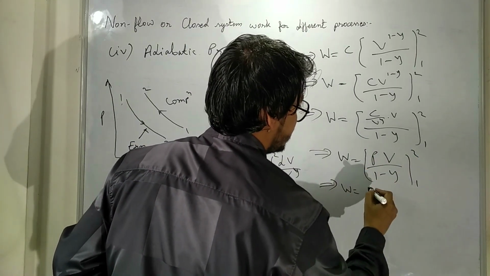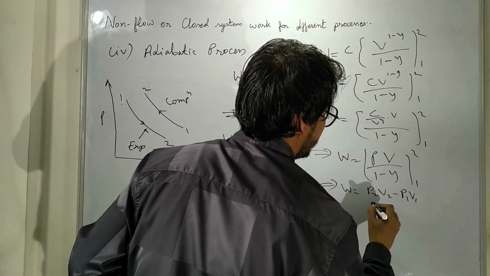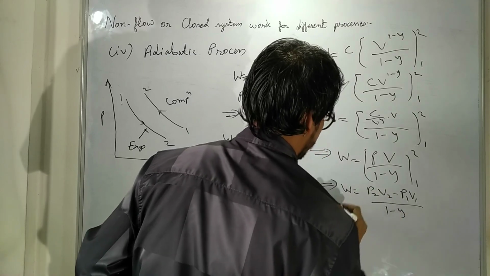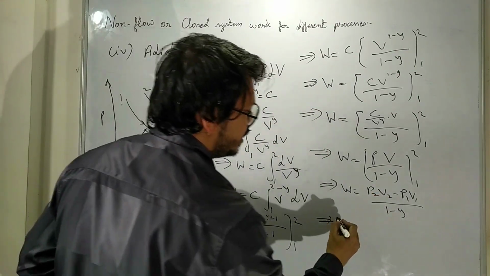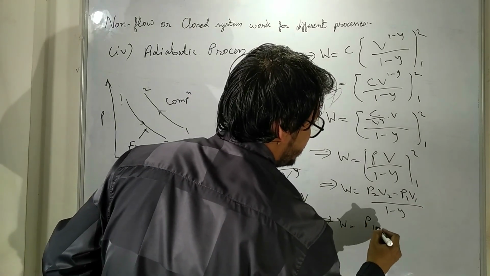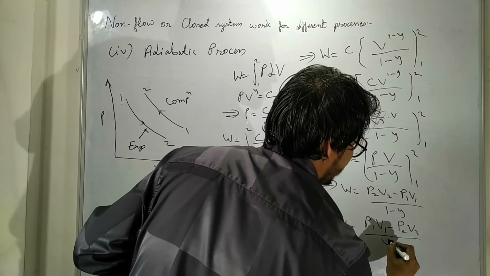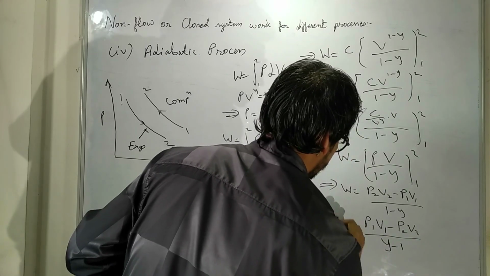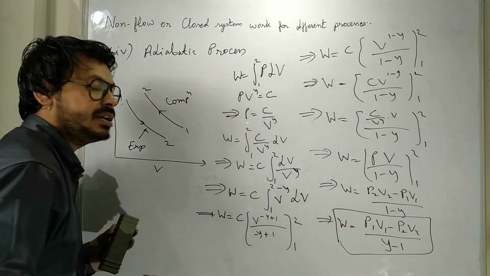This is P2 V2 minus P1 V1 by 1 minus gamma. And if we take minus common, we will get work done is equal to P1 V1 minus P2 V2 by gamma minus 1. This is the equation for work done by an adiabatic process.